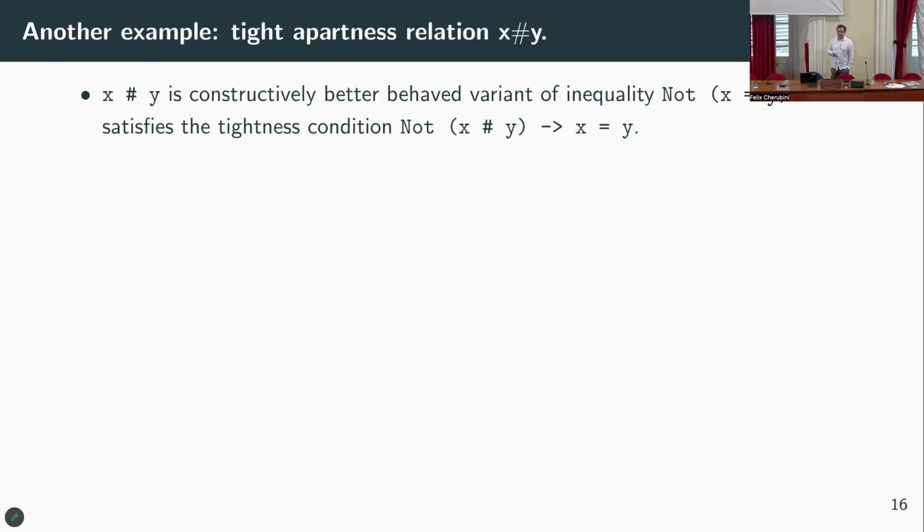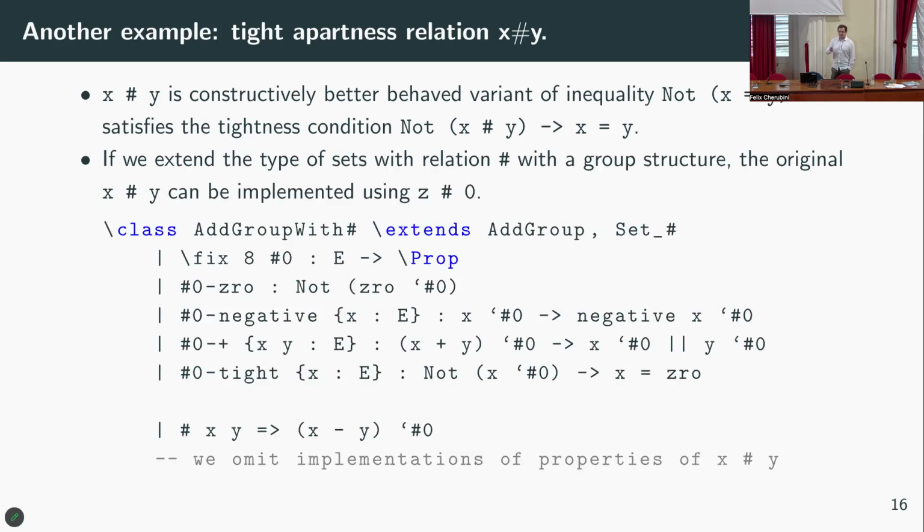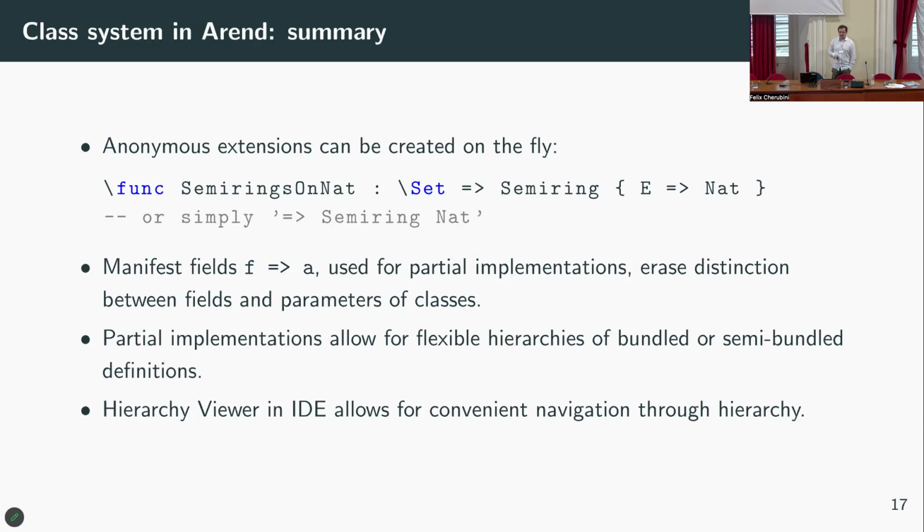Another example, a partners relation. I won't go into details that much. I would just say that if you have a set with the partners, and then you extend this structure with a group structure, then you can simplify your partners from a binary relation to a unary one, and partial implementations also help a lot.